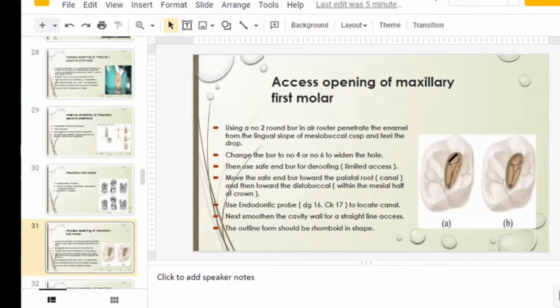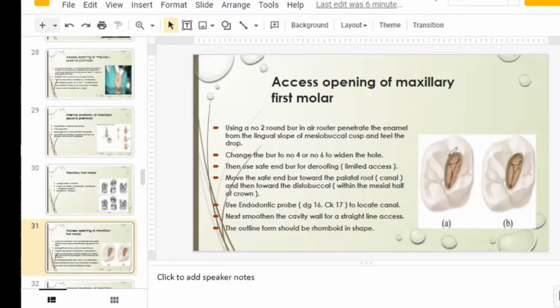So at the junction of these orifices, I told you, 3 entrances. If you have seen this picture, it is showing that your orifice is at the level of your floor. One hole here, so the DG probe will go here. That means it is below the mesiobuccal cusp, so it is called the mesiobuccal canal.